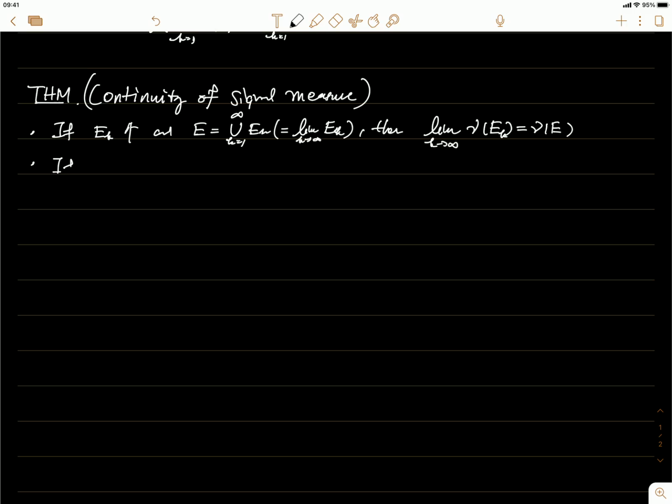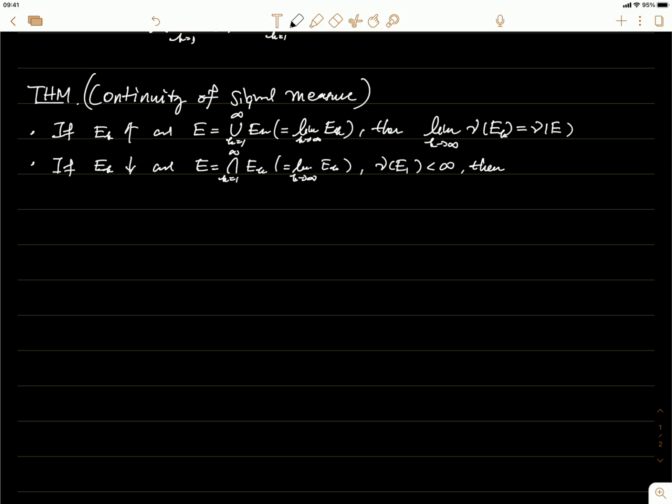The second item is if E_k is decreasing and E is the intersection of those sets. Again, in this case, it's the same as the limit of E_k since it's monotone decreasing. I also require the first one, or actually any one term in the sequence, to have a finite value.